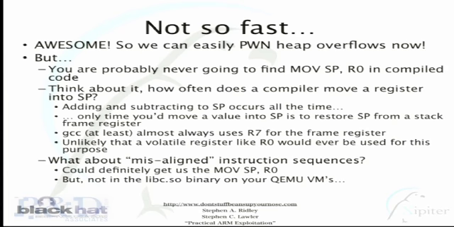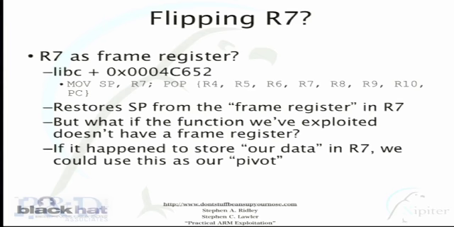Well, you can use an intermediary. One thing you will find is that R7 is often used as a frame register, but sometimes it's not. So you can find a lot of code sequences that move R7 into SP. By frame register, we basically mean the ARM equivalent of EBP, but it's up to the compiler to decide to use it that way.